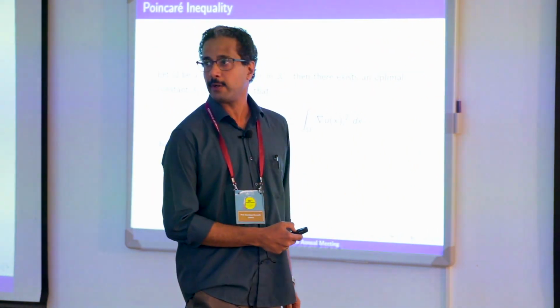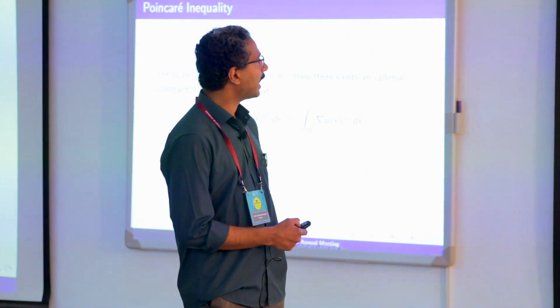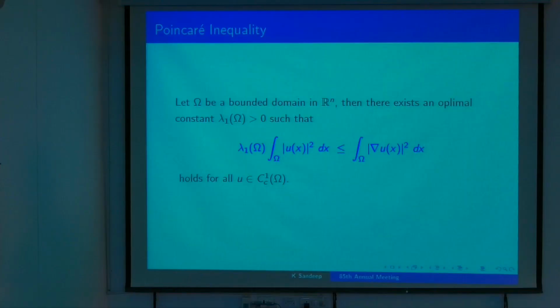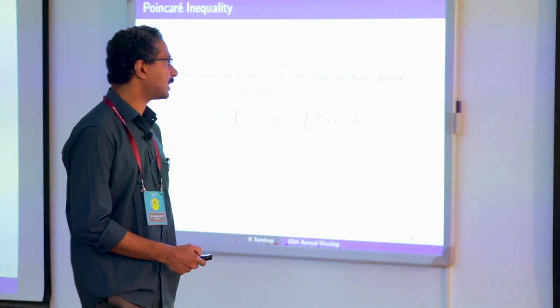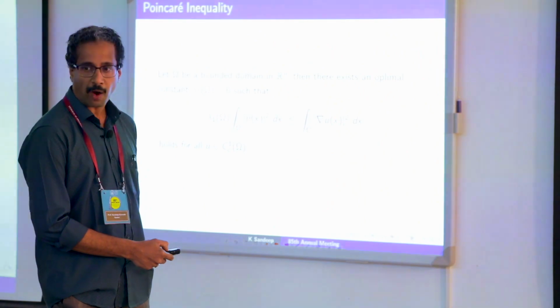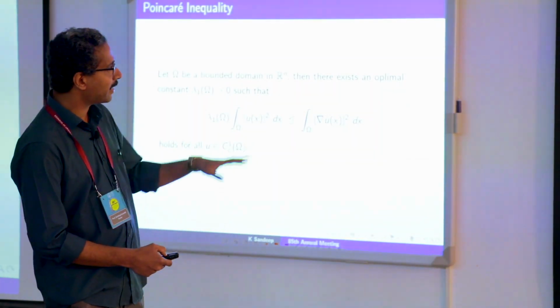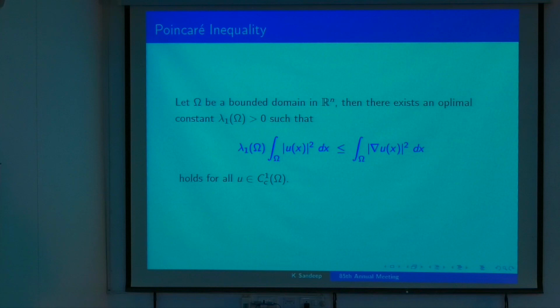You have the n-dimensional Euclidean space, and you take any bounded open set omega. Then there exists a constant lambda 1 of omega, greater than 0, such that this inequality holds for all differentiable functions, and by this I mean functions that vanish near the boundary. I need this kind of condition because if I put a constant function, this is not true: for a constant function, one side is 0 and the other is non-zero.